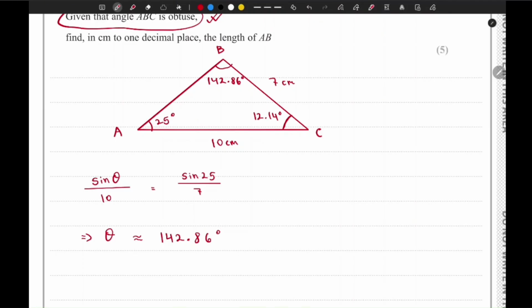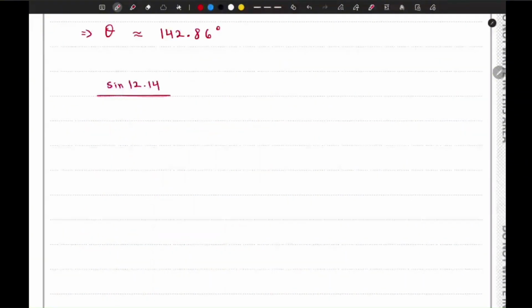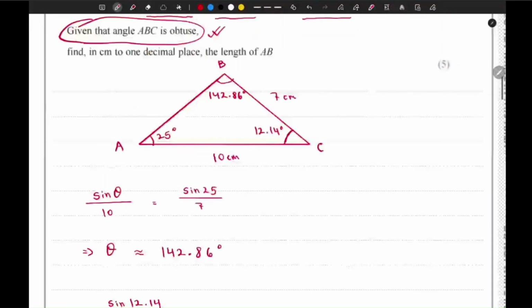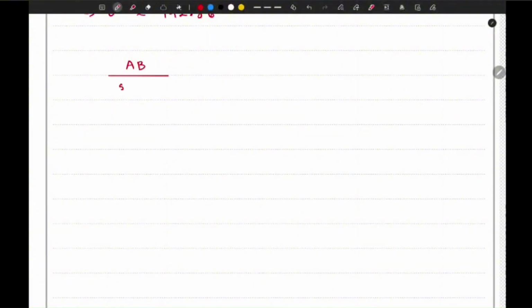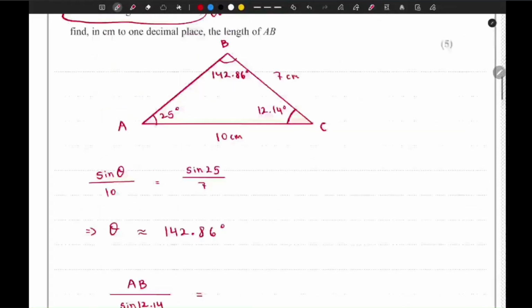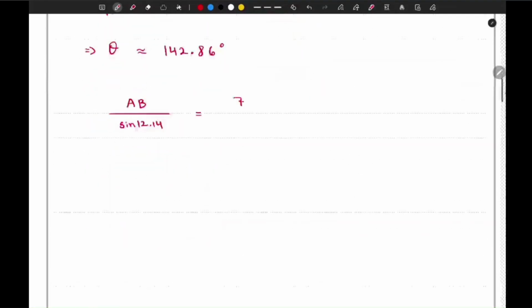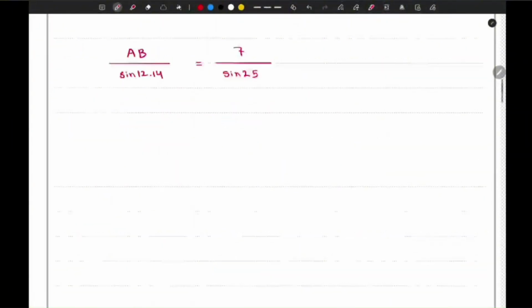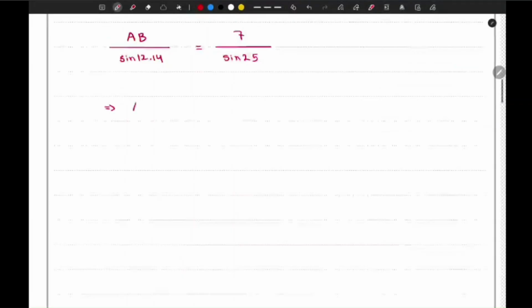So we can say AB divided by sine of the opposite angle, which is 12.14, is equal to 7 divided by the sine of the opposite angle, which is sine 25. So from this equation we can calculate the length of AB.